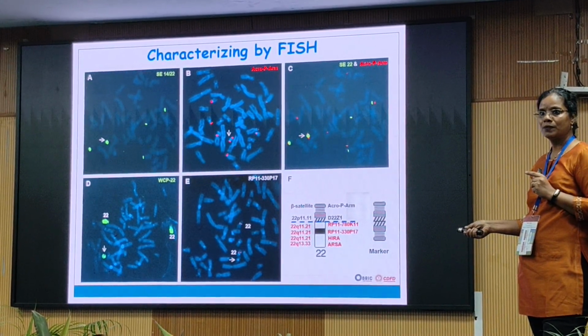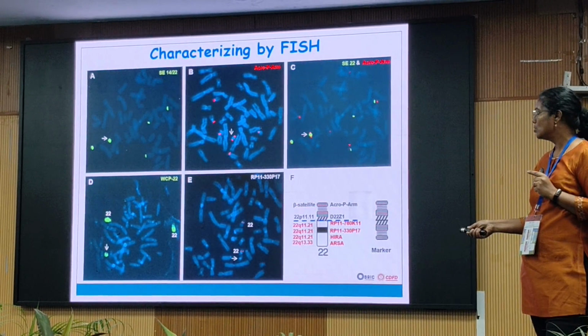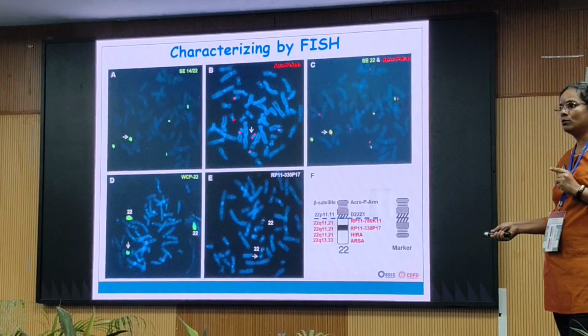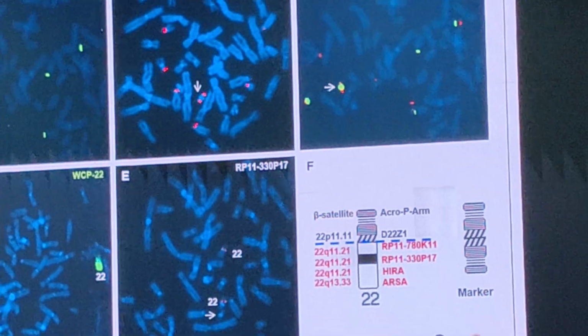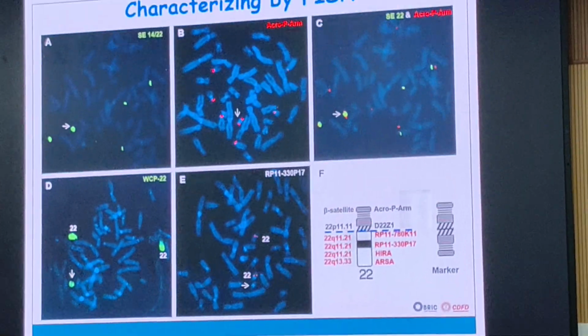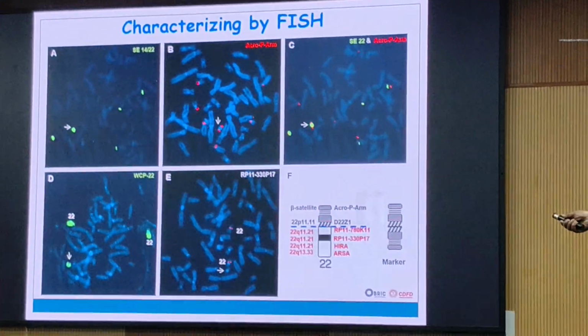Chromosome 22, so normal chromosome 22. These two are normal chromosome 22, and here you can see the addition of this centromere of 22. So now we know that it is not 14, it is only 22 centromere.